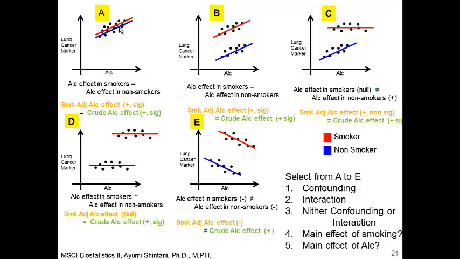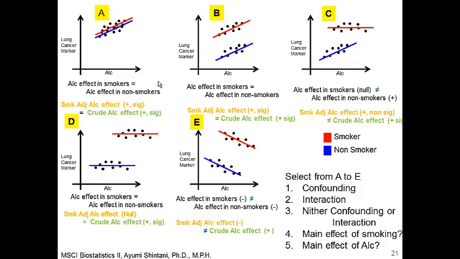Since the two slopes seem the same, you may judge there is no interaction. And is it confounding? Do you think smoking confounds the effect of alcohol on lung cancer? And to judge whether the factor smoking is confounding or not, what you do is compare the unadjusted analysis of alcohol versus the smoking adjusted effect of alcohol.